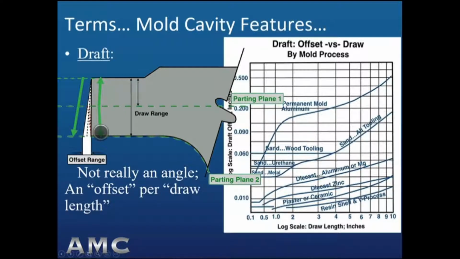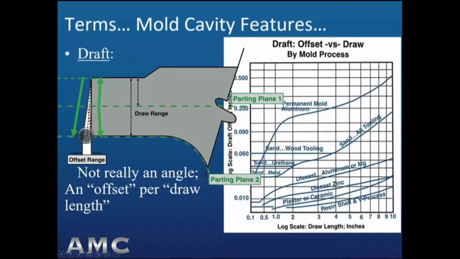And as a consequence of the parting plane being in the center of the casting, the offset for each half of the draft is relatively small. But if we put the parting plane at the bottom of the casting and create all of that casting up on the cope side of the mold, well, then our draw length is twice as long and our offset is twice as big.